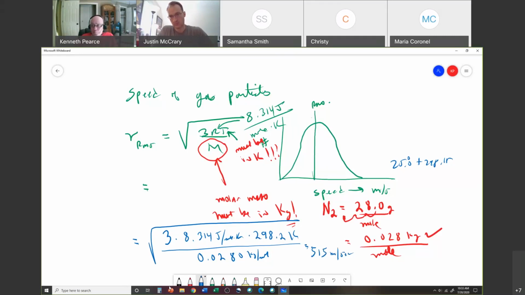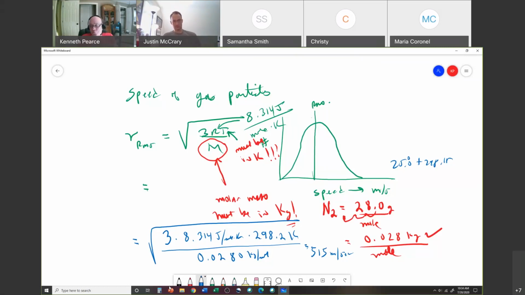515 meters per second, which means the gas molecules in the very air that you're breathing are covering about, I don't know, 5 football fields a second. And if you know how big a football field is, it's a ways. And 515 meters per second, that's pretty fast.